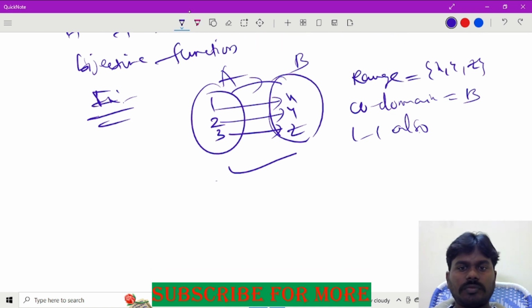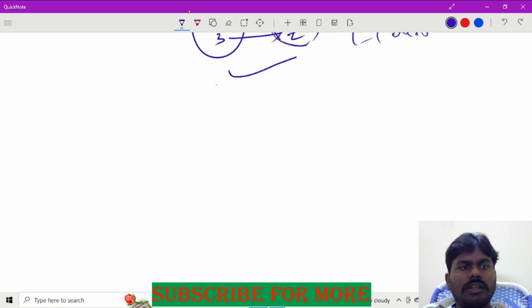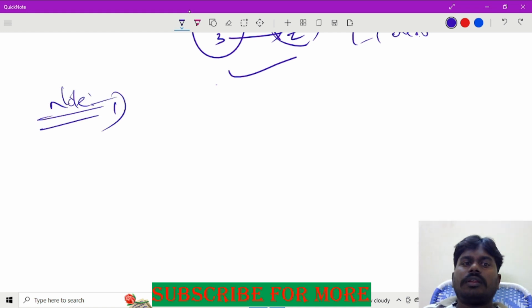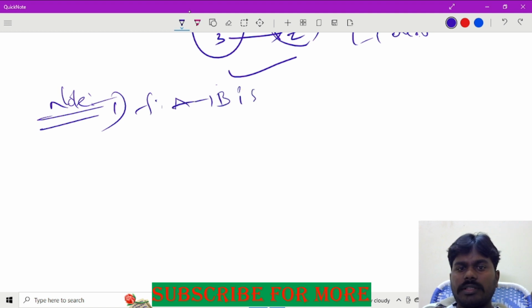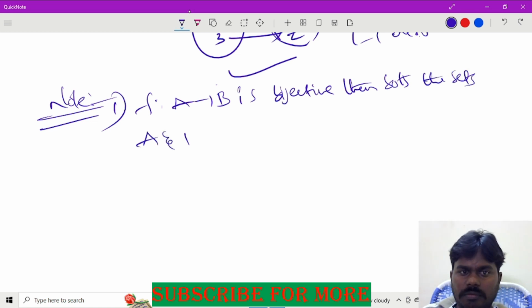Okay, so here take a note. If f from A to B is bijective, then both the sets A and B have the same number of elements.